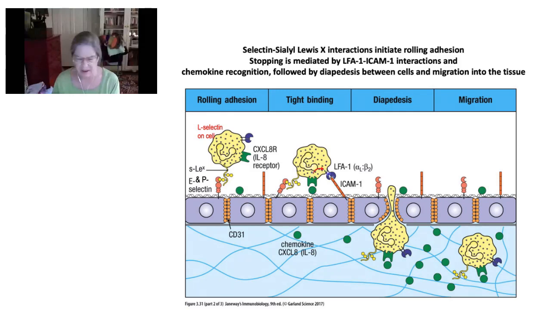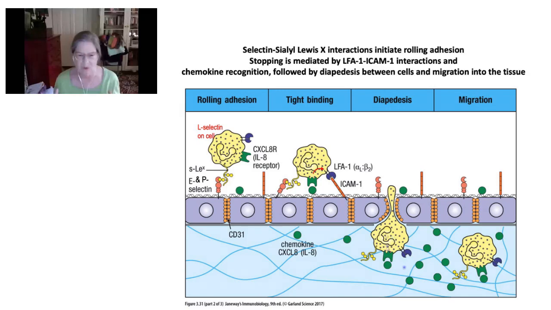LFA1, this is an integrin, change its structure to become high affinity for ICAM1. That's also upregulated here because it's an inflammatory situation. And that allows this guy to stop and start walking. So it's allowing it to differentiate into something that now wants to do chemotaxis.